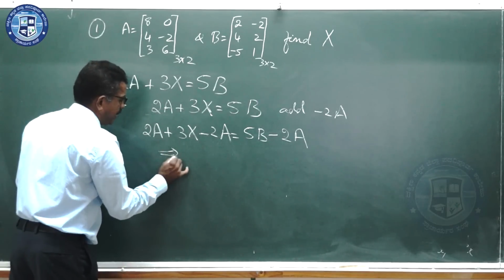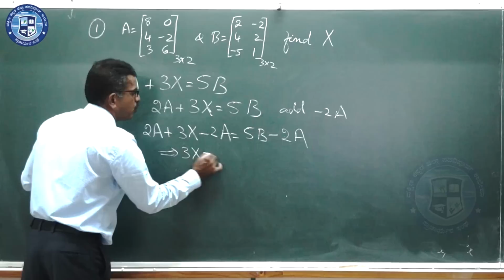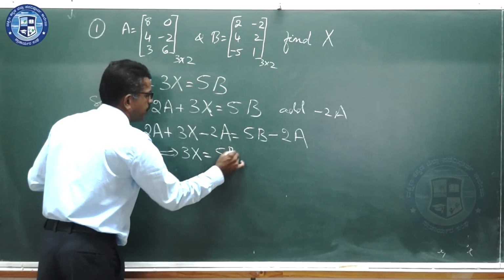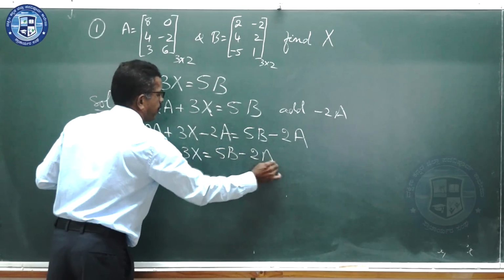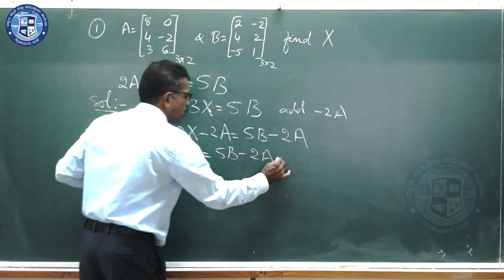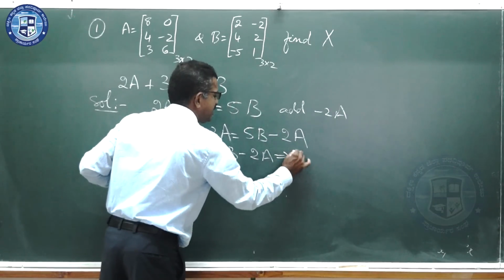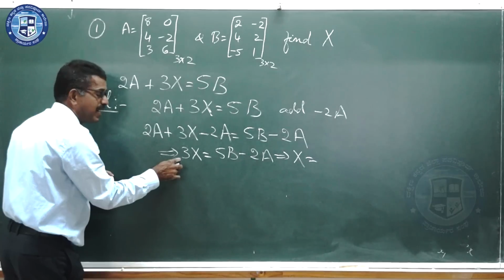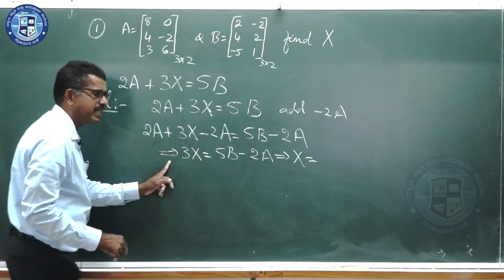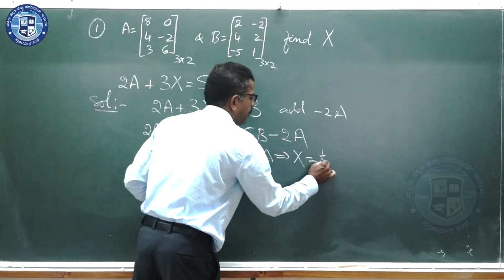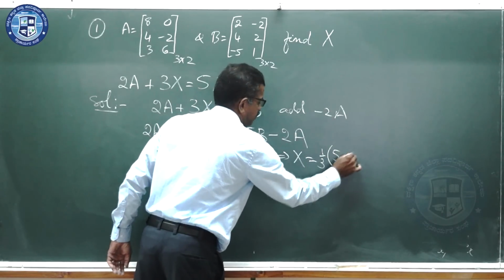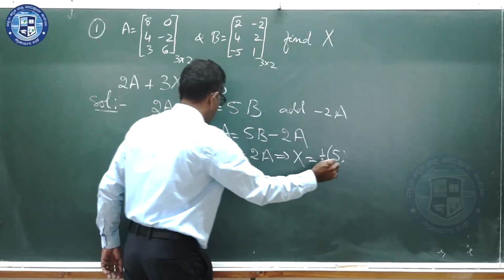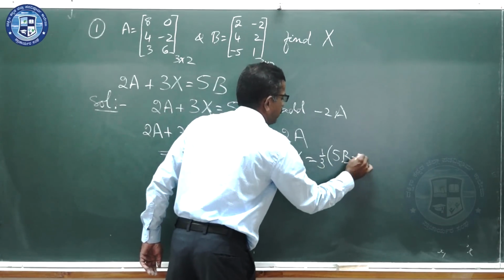Therefore 3X would be equal to 5B minus 2A. So X is equal to, dividing throughout by the scalar 3, which means multiplying throughout by 1 by 3, 1 by 3 into 5B minus 2A.